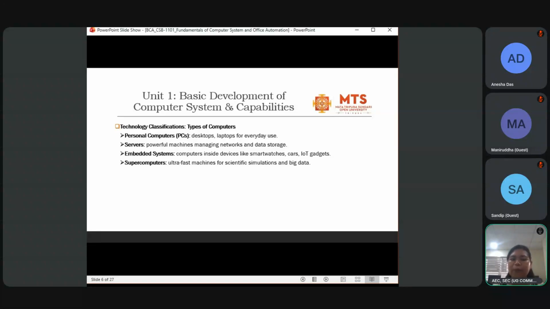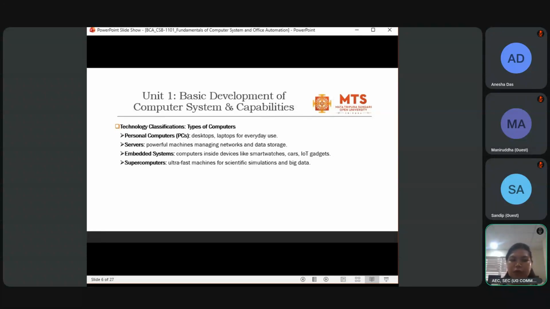So these are called embedded systems. They will identify the water availability in your body, breathing, BP, blood flow, blood circulation, like that they will track. Those are the embedded systems.